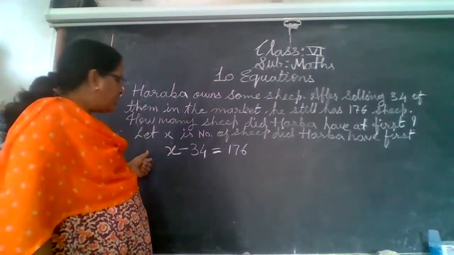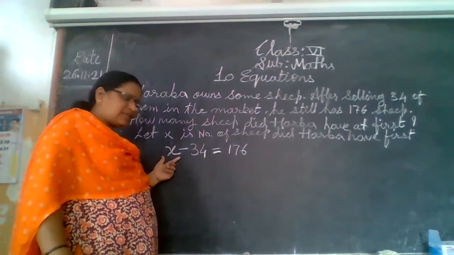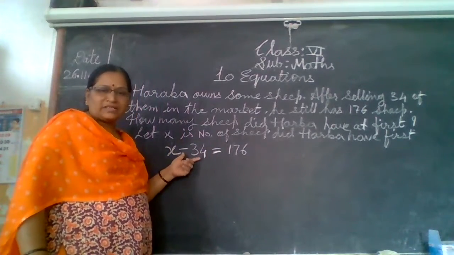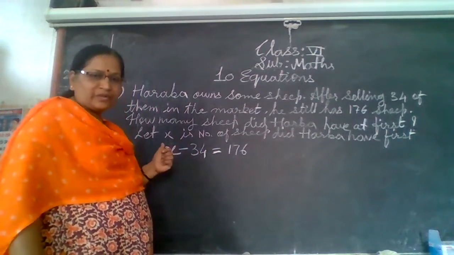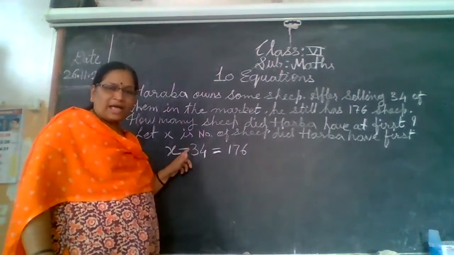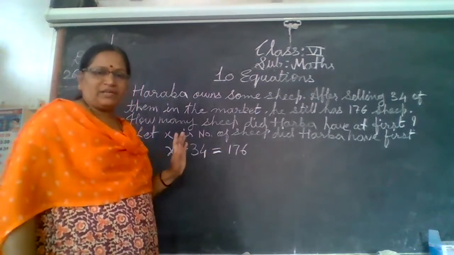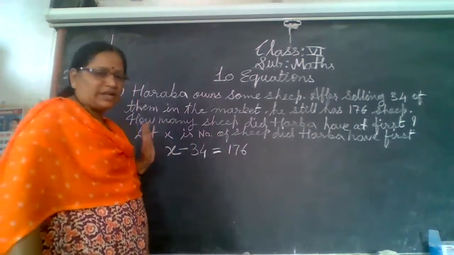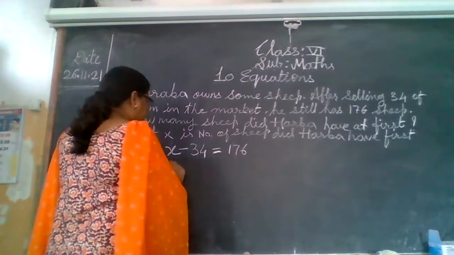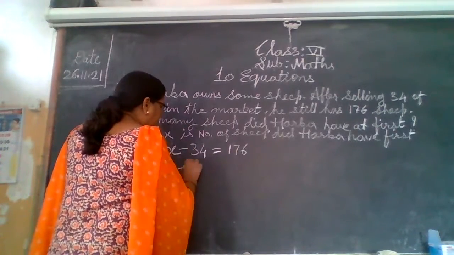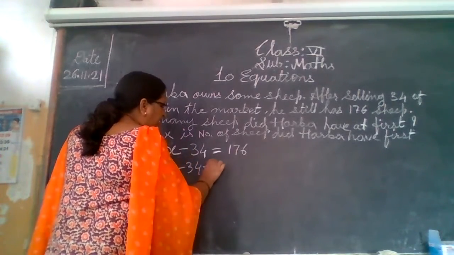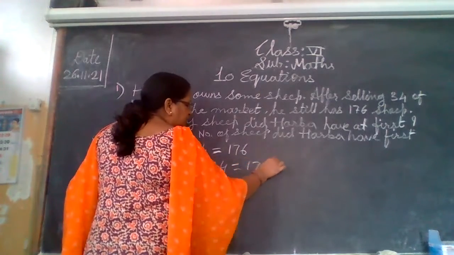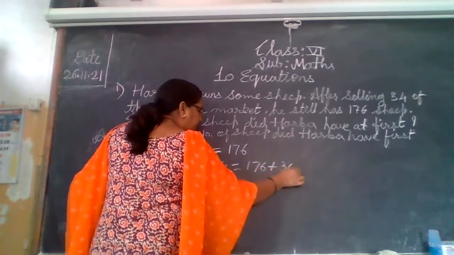Got it? Now to find the value of this x, we have to remove minus 34 from this side. So here you have to apply the addition equality, meaning you have to add plus 34 to both sides. x minus 34 plus 34 equals 176 plus 34.